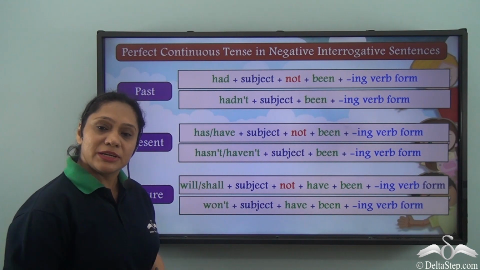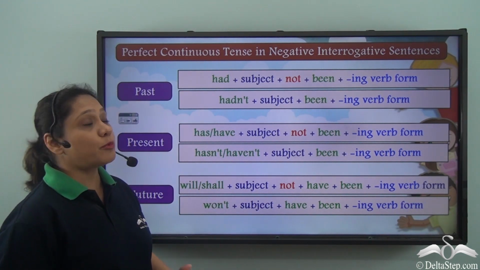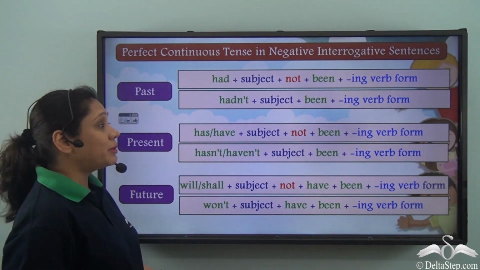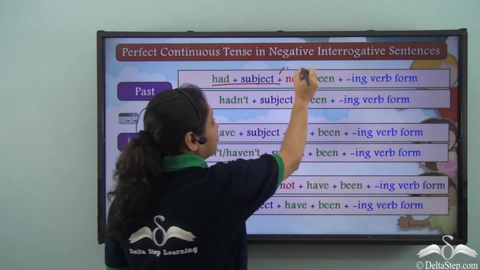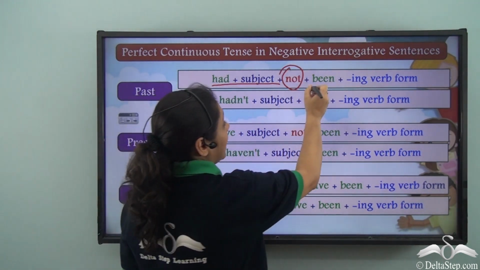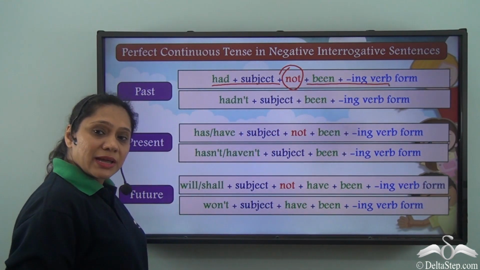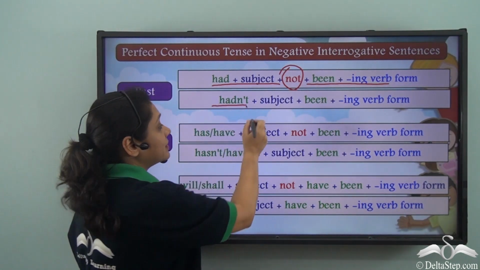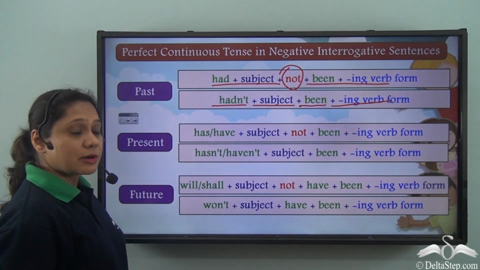Now the negative interrogative sentence also can be written in various ways to portray the perfect continuous tense. So in the past, we can write it as had followed by the subject, followed by the negative word and then been followed by the ing verb form. Or we can write the contracted form as hadn't followed by the subject, followed by been and then the ing verb form.